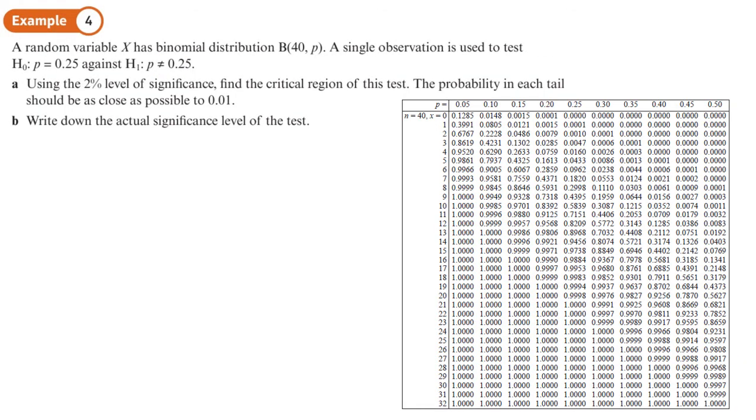Okay, a random variable x has a binomial distribution with a sample of 40 and a probability of p. A single observation is used to test H0: p = 25% against H1: p is not equal to 25%. So we're only interested in this column of the table. That's the 25% column.